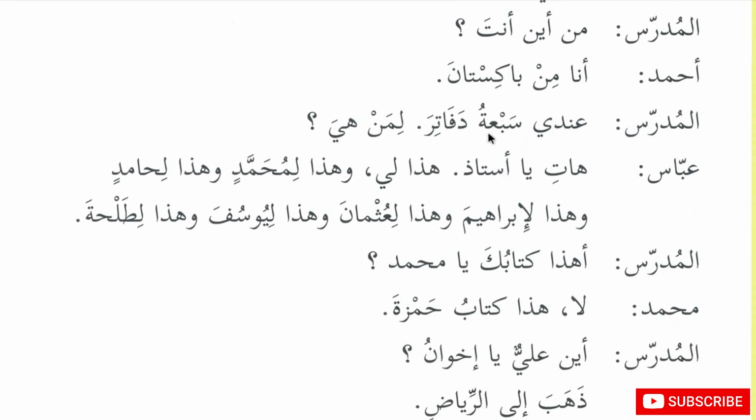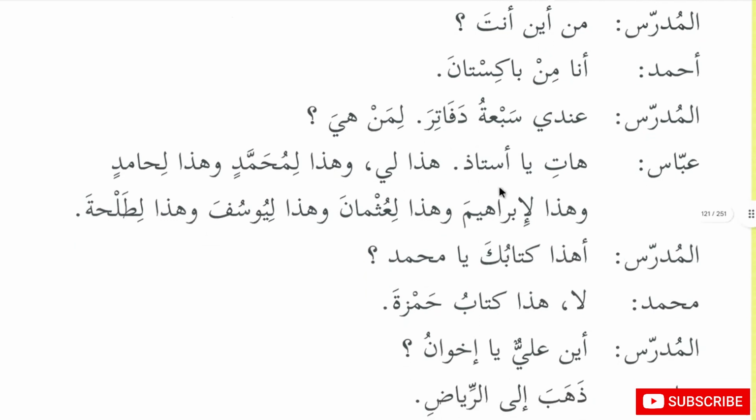Indi sab'atu dafatira. I have 7 files. Also, this is one of the plurals, just like this one, that won't take the kasra, even though it is in the majrur state. Liman hiya, for who are they? Hati ya ustad. I believe hati means come here or bring.